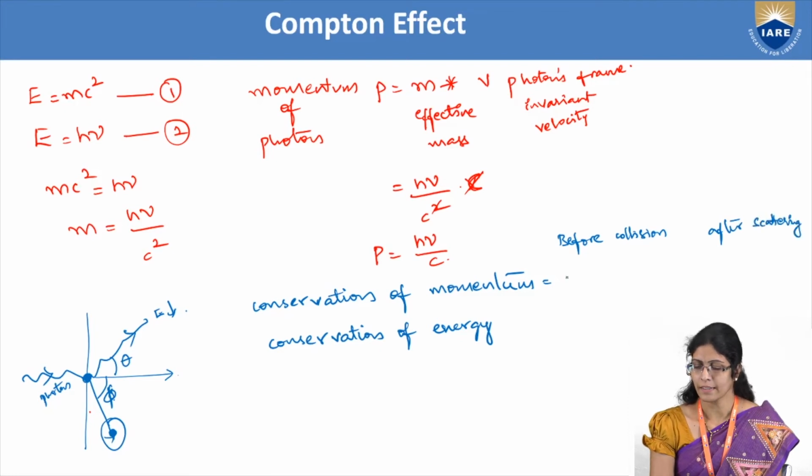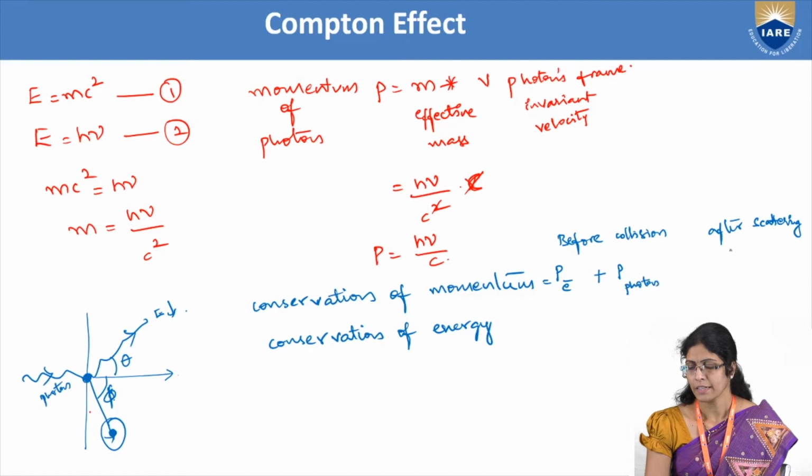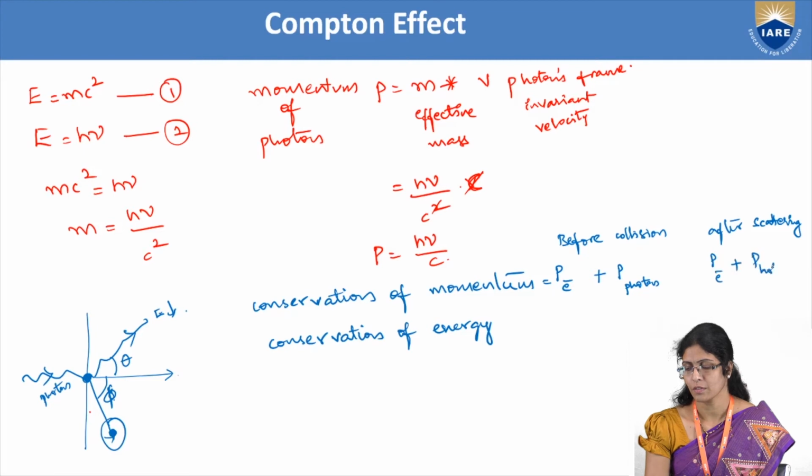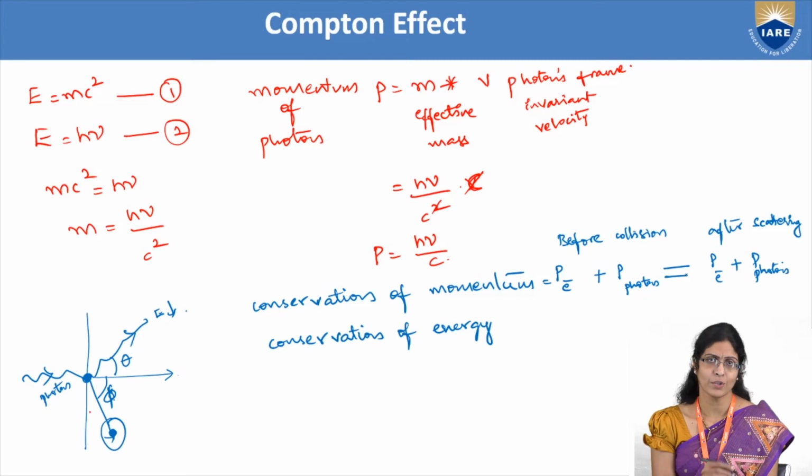So before scattering, the sum of the momentum, I can write it as P in short form, the momentum of the electron and the momentum of the photon. And after scattering, the momentum of the electron plus the momentum of the photon should be equal. This is known as conservation. You know it very well.